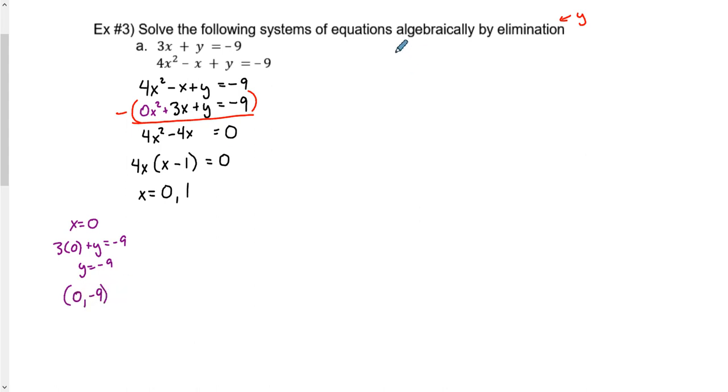I'm just going to say that we're going to have to verify this point 0, negative 9. But let's also do x equals 1. So 3 times 1, add y equals negative 9. 3 times 1 is 3. We subtract the 3.